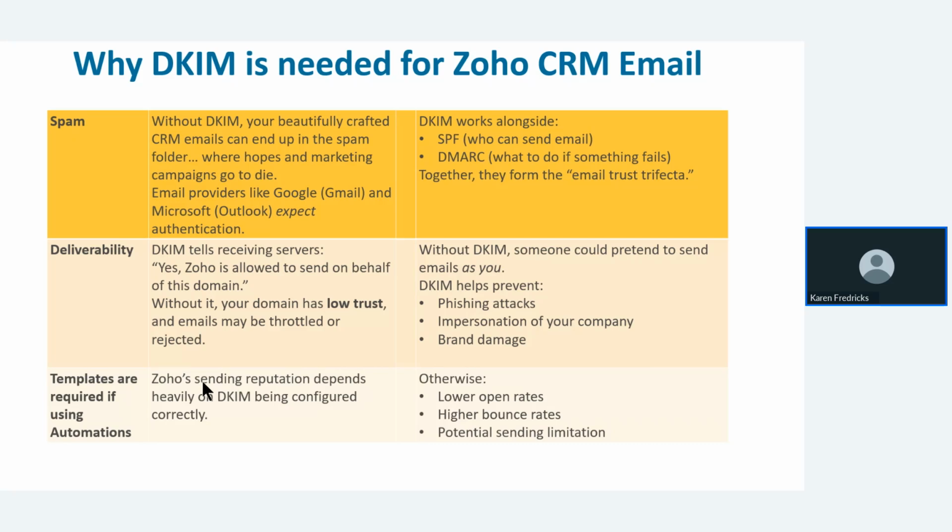Well, the main reason is phishing, to make sure no one is impersonating your company. One of you could go in theoretically and say, oh, I'm going to send this as Karen at Tech Vendors. And you could start sending away and just send some kind of trash to all kinds of people, and they think it's Karen at Tech Vendors. That's what we call phishing. By doing this DKIM, it's not going to allow you to do that because part of it is SPF, who can send.